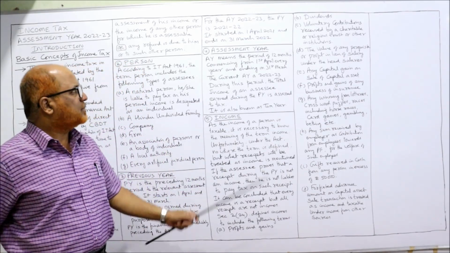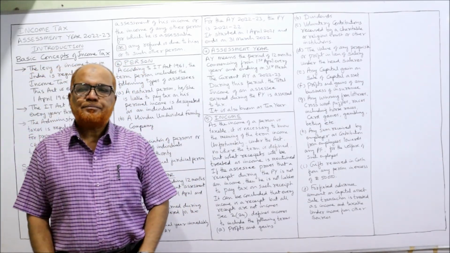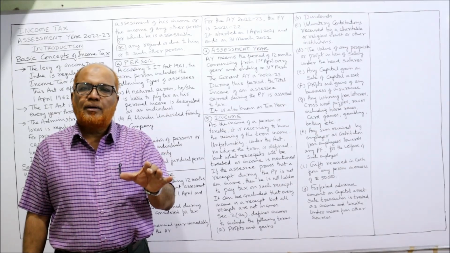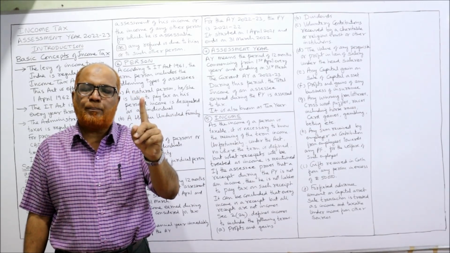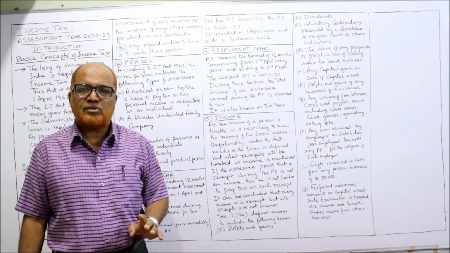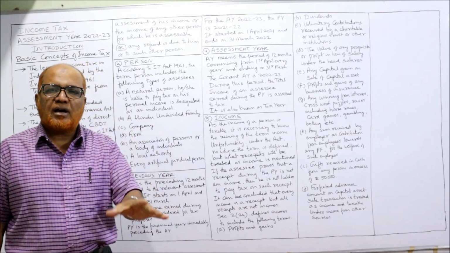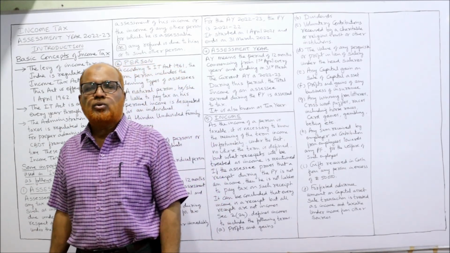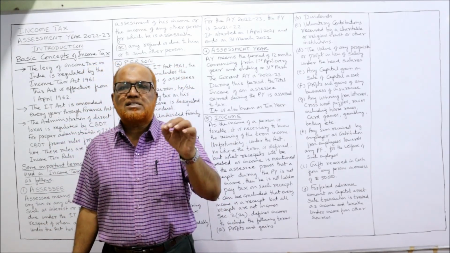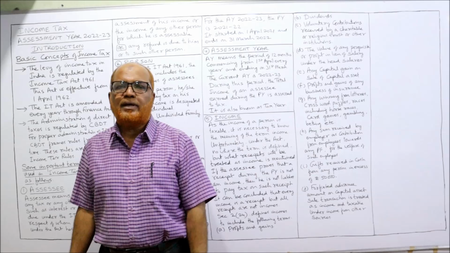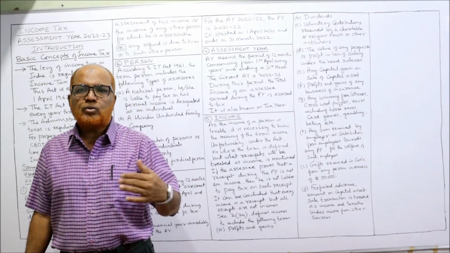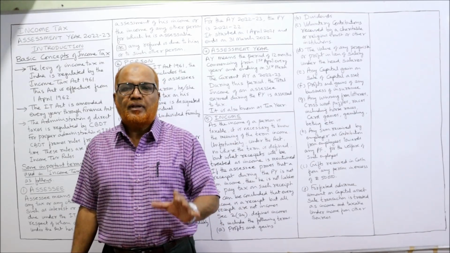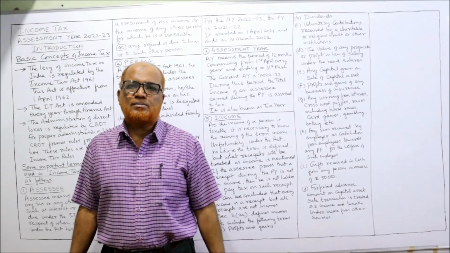Now the next concept is assessment year. Again, assessment year is a period of 12 months beginning from 1st April and ending on 31st March. Example, our current assessment year is 2022-23. That means it started from 1st April 2022 and is going to end on 31st March 2023. This period is called assessment year.